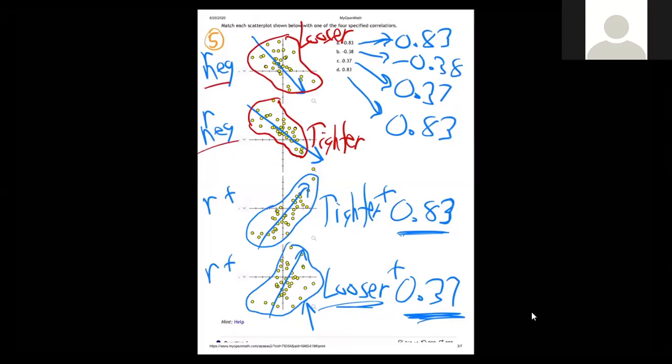This is negative. Anyway, so this one should be the negative 0.83. And this one should be the negative 0.38 because it's looser. It's closer to 0. This one's tighter. It's closer to negative 1. They're both negative. They're both going down. So there we go. That's how I do those 4.